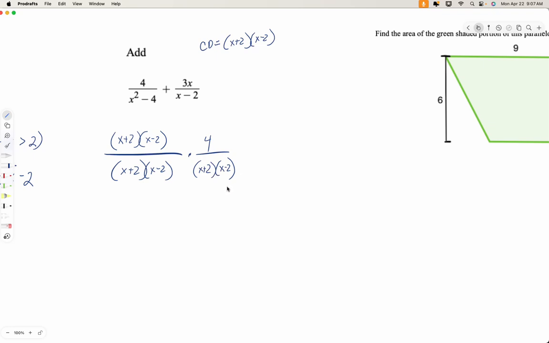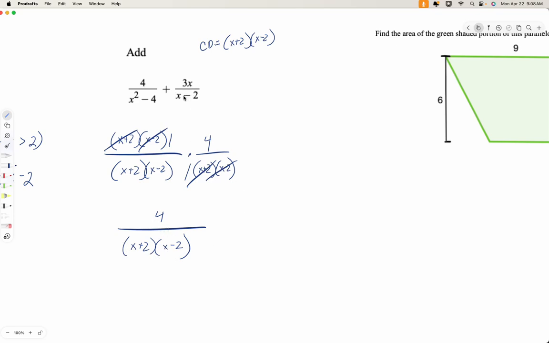And because we already have this here, it cancels. We can cancel this one and we can cancel this one. But we still end up with 4 over x plus 2, x minus 2, because we have 1 here and 1 here. 1 times 4, and this times 1. This remains the same fraction.